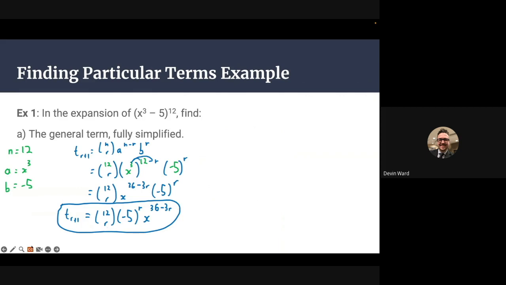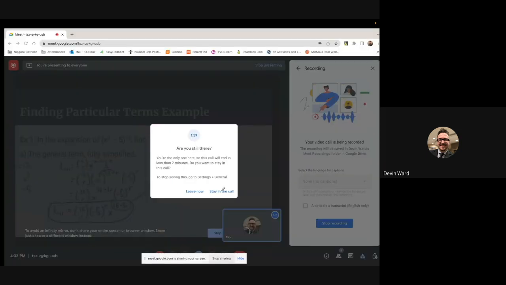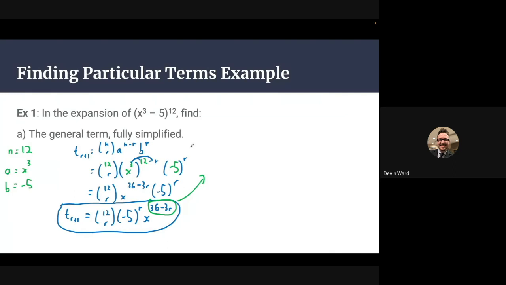One thing I just want to draw your attention to is this bit right here, this exponent. Remember, r must be a whole number for combinations, and it has to be between 0 and 12.